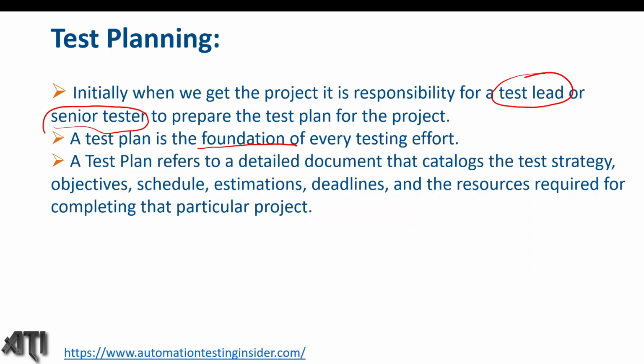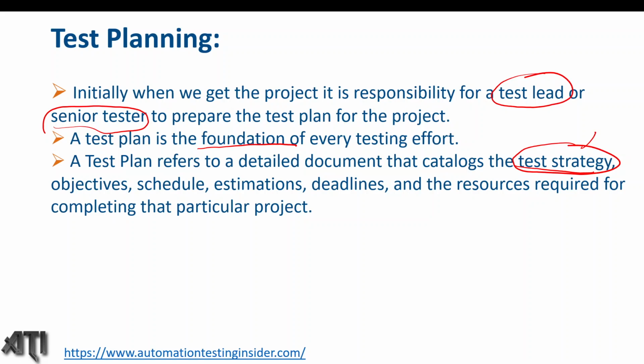A test plan refers to a detailed document that catalogs the test strategy, objectives, schedule, estimations, deadline, and the resources required for completing the particular project. So it talks about test strategy, right? In bigger projects we have a test strategy document as well, which is at company level, and the test plan talks about the project level. The strategy document basically talks about how to perform the testing, like what techniques should be used for testing activities.